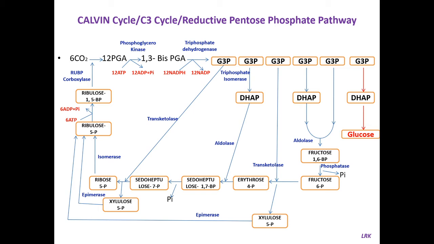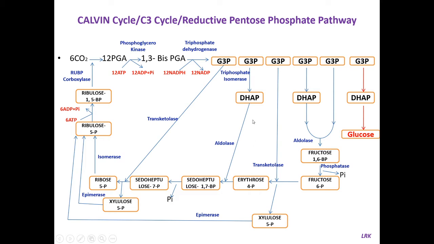So here we have this xylulose 5-phosphate. It undergoes an epimerization reaction and produces ribulose 5-phosphate. And this erythrose 4-phosphate again condenses with one more DHAP, that is dihydroxyacetone phosphate, which is an isomer of glyceraldehyde 3-phosphate, in the presence of an enzyme called aldolase.